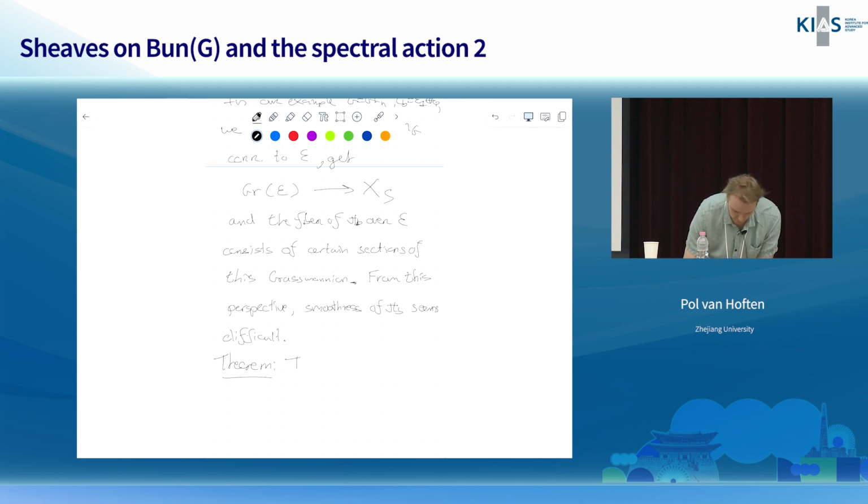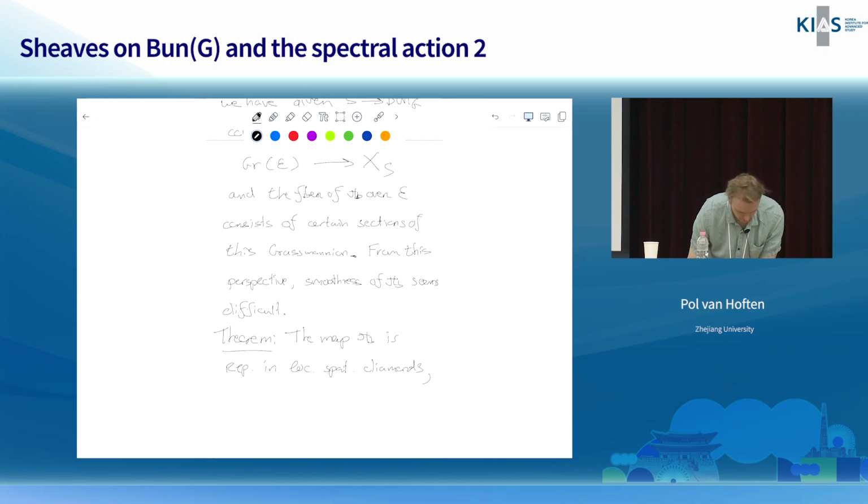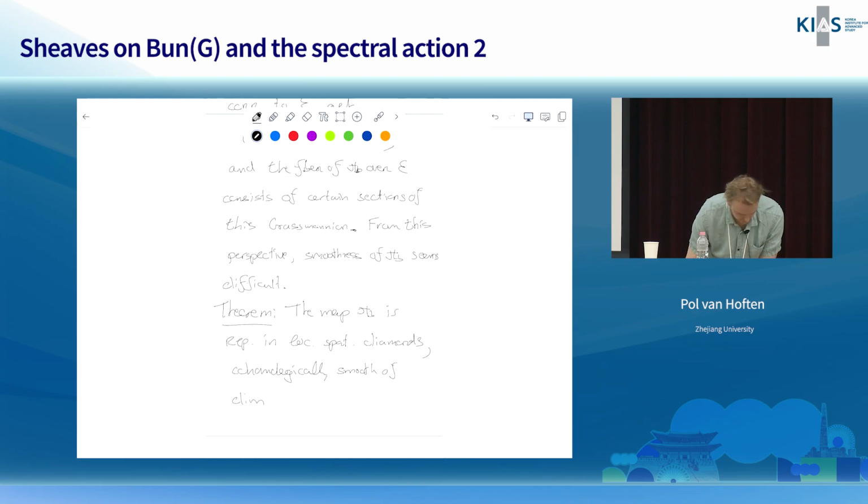So this is, again, in general, the map pi b is representable in locally spatial diamonds, and it's cohomologically smooth of dimension 2 rho, nu b, again.